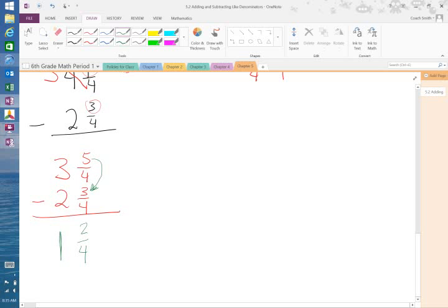Now I have to reduce 2 over 4. What is a common factor between 2 and 4? 2. So I'm going to divide by 2 over 2.